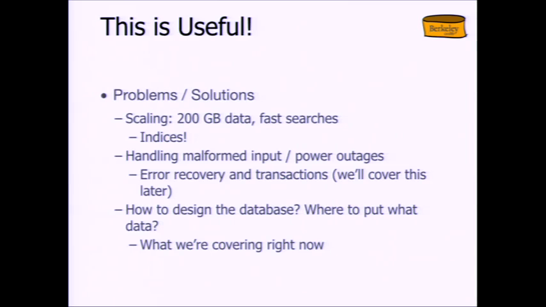What do you do? We'll talk about this later in class, but it turns out that the error recovery and the transaction abstraction that databases support are really useful. But the fundamental issue right now is how do we design this database in the first place?